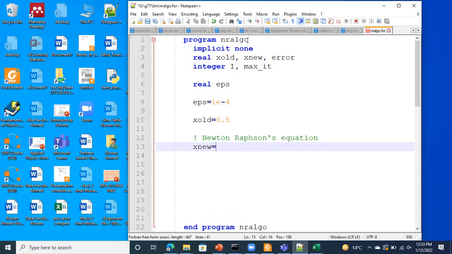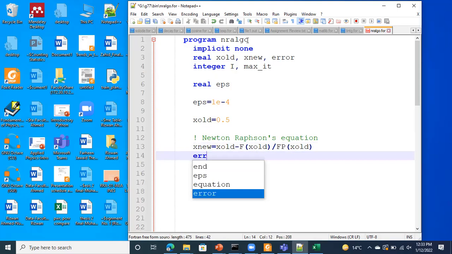X new is equal to x old minus f of x old divided by f prime of x old, right? See how naturally and clearly it is following the sequence of the algorithm, right? The language is quite natural, the way we write on piece of paper and the way we are programming it.